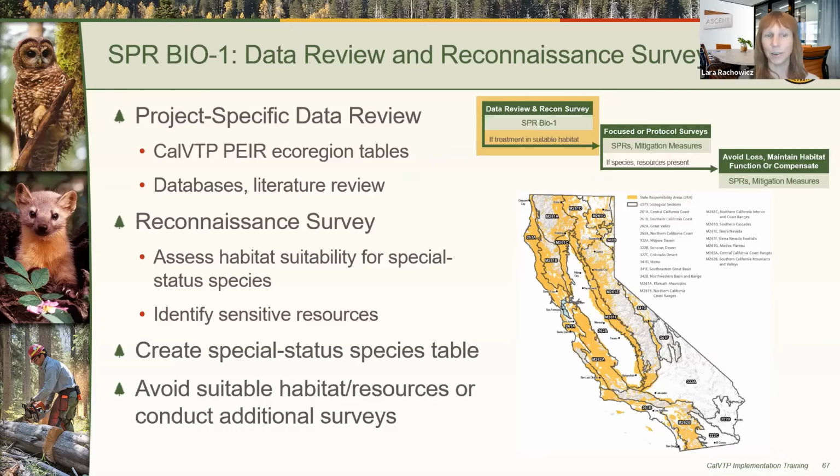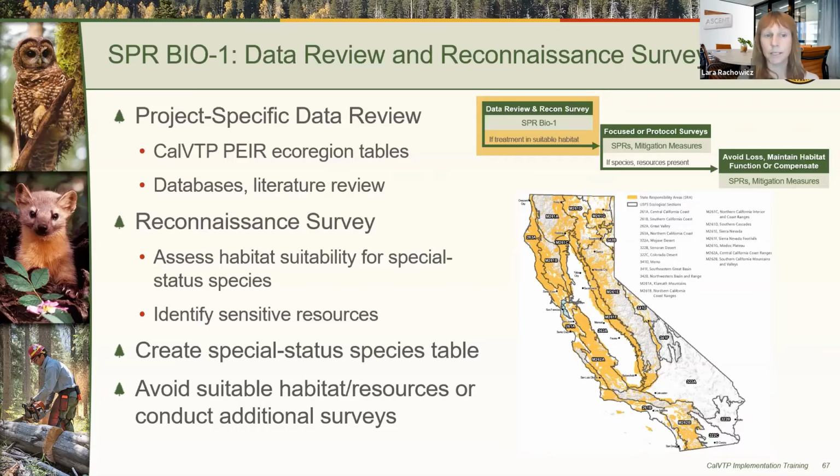In addition to the ecoregion tables, databases and other literature should be consulted to determine potential resources in the project area. For example, using CNDDB, CNPS, the California Native Plant Society's inventory of rare and endangered plants, using vegetation or wetland maps, species range information, local plans or policies, and any available survey data for the project area.